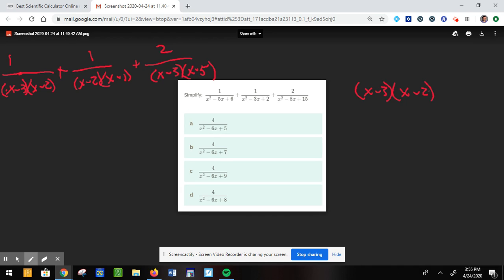One of them has an x minus 1. And one of them has an x minus 5. There you go. Okay, so that's what the common denominator is.